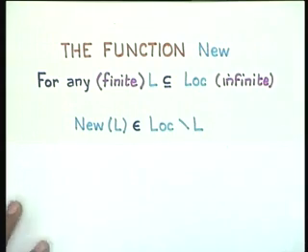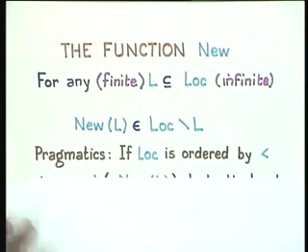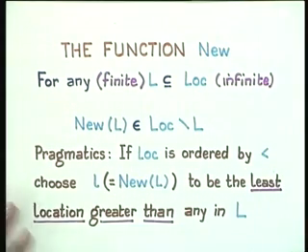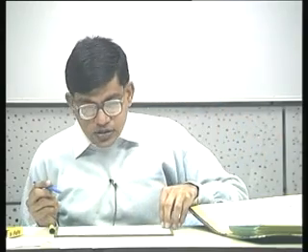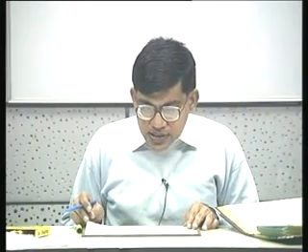Pragmatically, if you can assume that the locations are all ordered by some ordering, then you can assume that nu of L gives you the least location greater than whatever exists in L, for example. So we'll assume the existence of this function, which we'll use as a side condition.